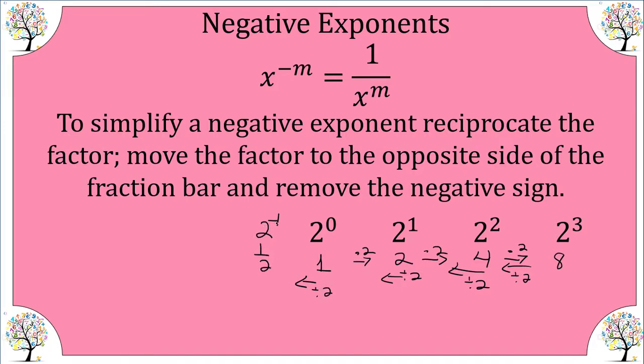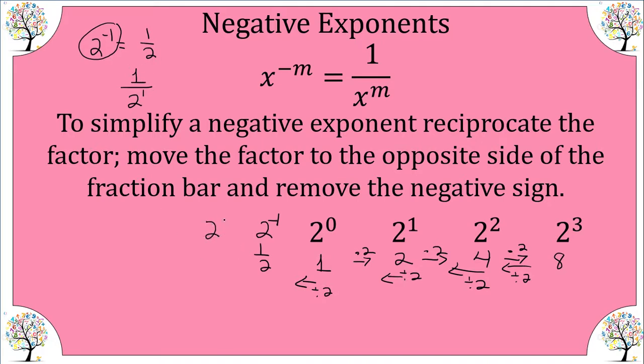So you can see 2 to the negative 1 is 1/2. What happened? You take this factor and move it to the denominator and it becomes a positive exponent, and we have an understood 1 in the numerator, can't leave it blank.